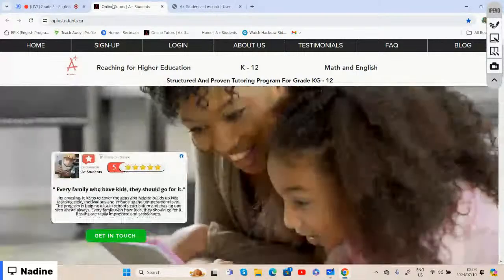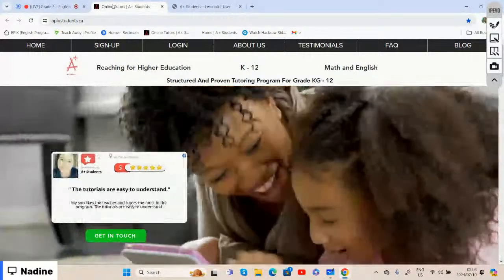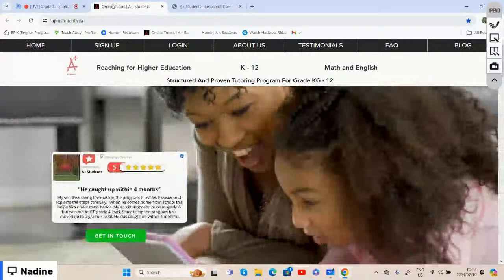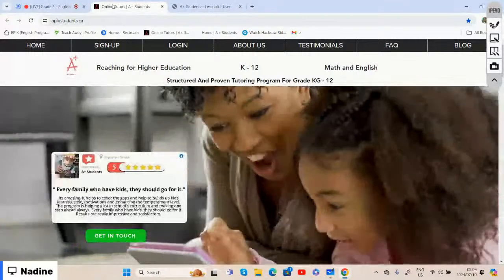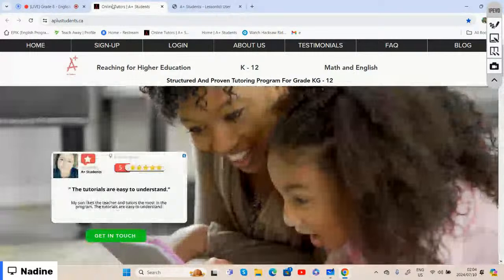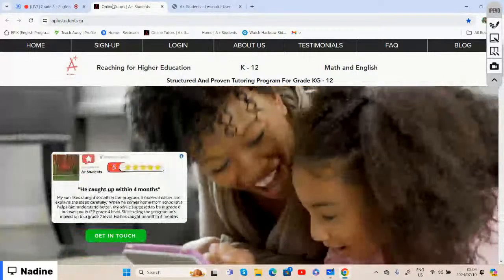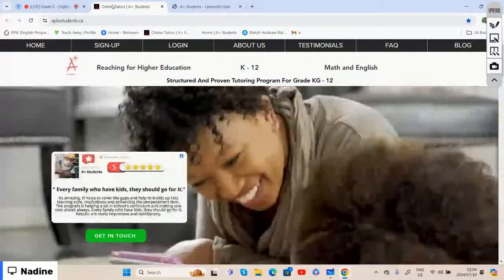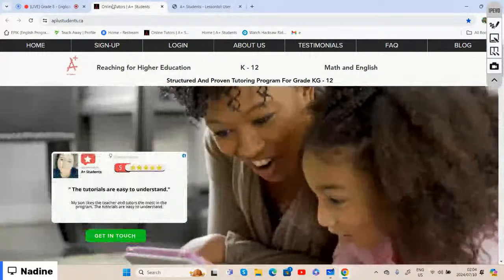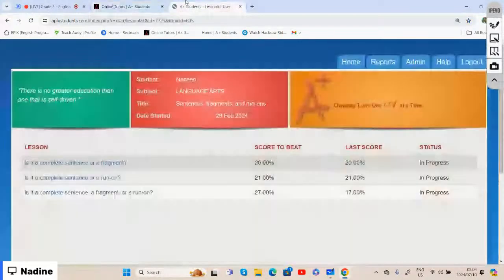Once you've logged on with your username as well as your password, we're going to select the subject of English Language Arts, grade 8, and then scroll down until we get to the chapter of sentences, fragments, and run-ons.